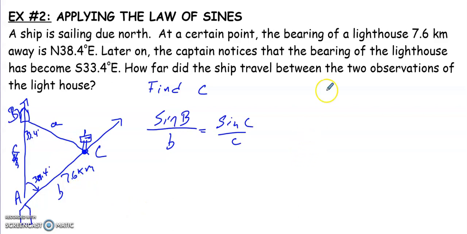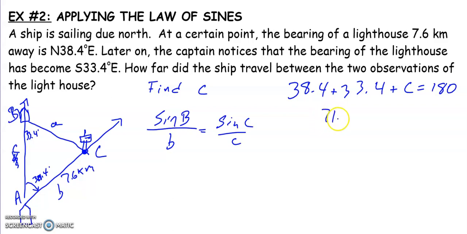But again, I know all angles inside a triangle must add up to 180. So 38.4 plus 33.4 plus angle C has to add up to 180. We add these two values together, and I get 71.8 plus C equals 180 degrees.